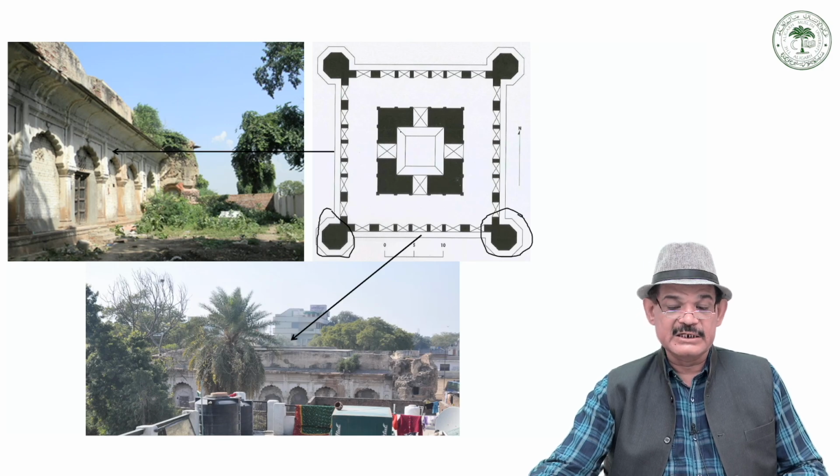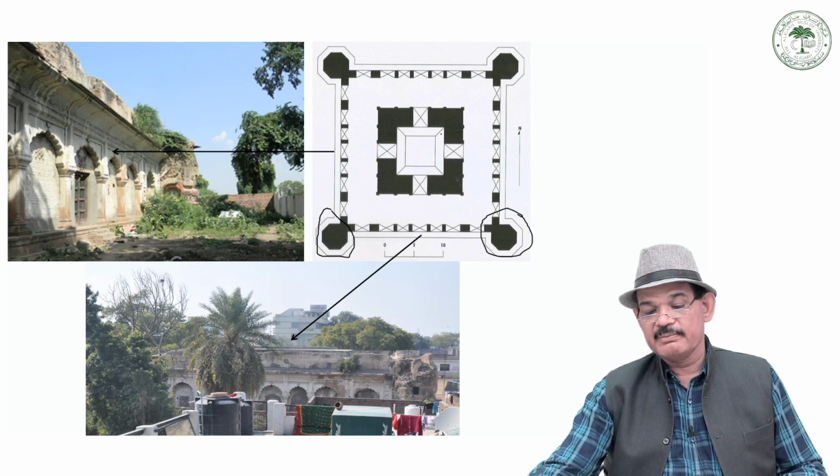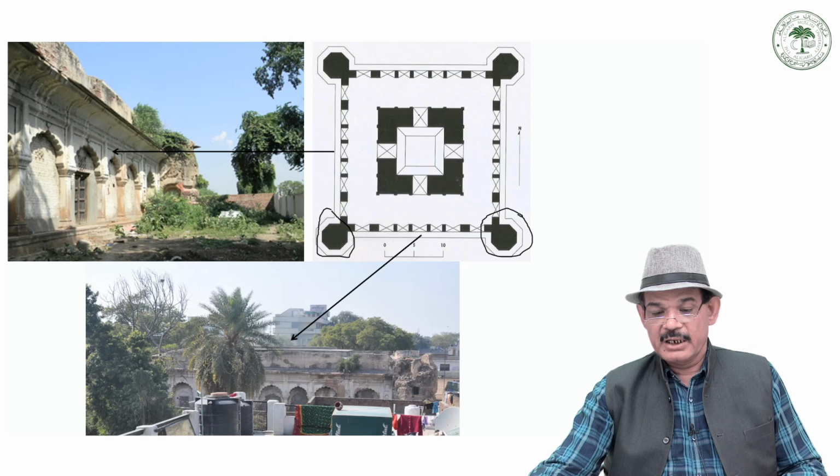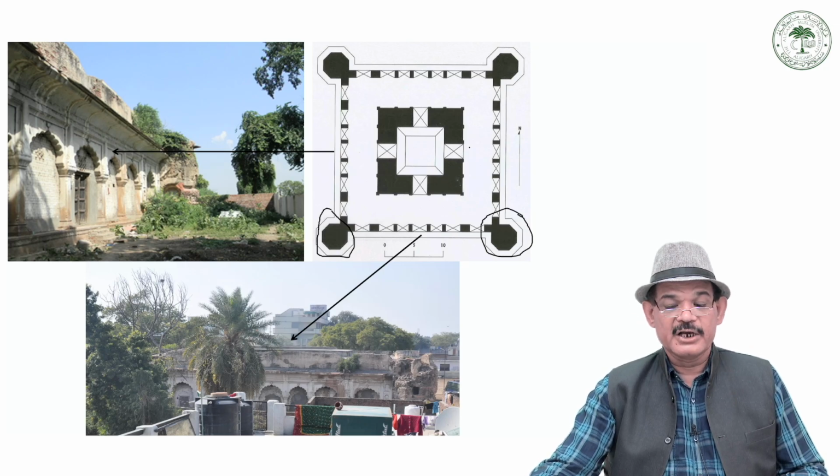The central chamber is provided with an arch opening at the cardinal points, and it is connected with the cloisters at the cardinal points by an arched entrance.